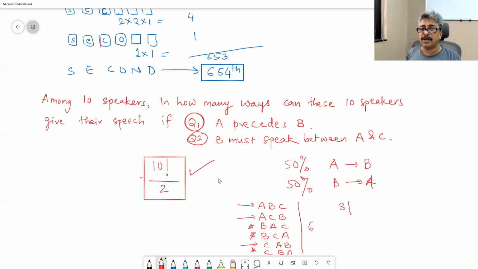Because either A will be before B or B will be before A, and they are equally likely. Therefore, 50% of the chance A will be before B and 50% B before A. So this is altogether a different thought. It has nothing to do with the 10 factorial which we have discussed earlier. This is a completely new way of solving a problem.